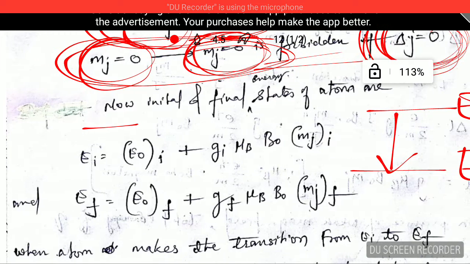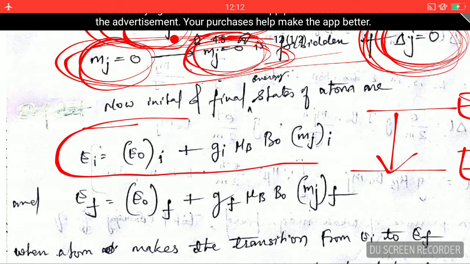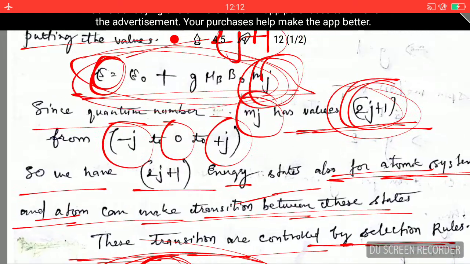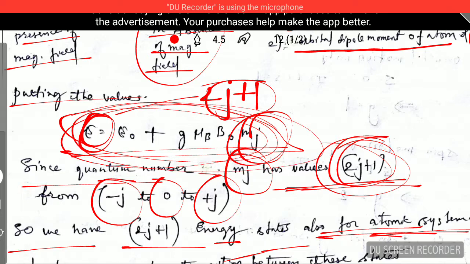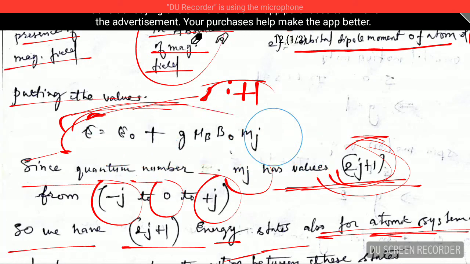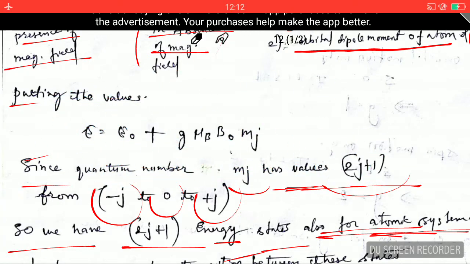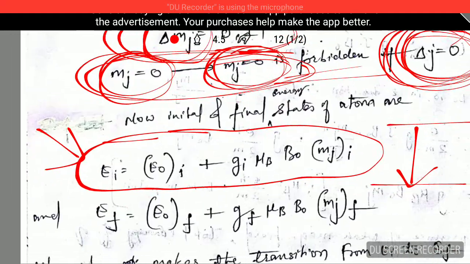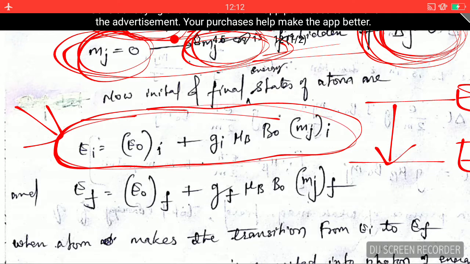The initial energy state is written like this, using the equation that I already explained. In the similar way we can write the final energy state.